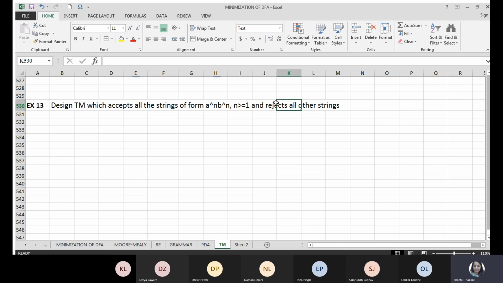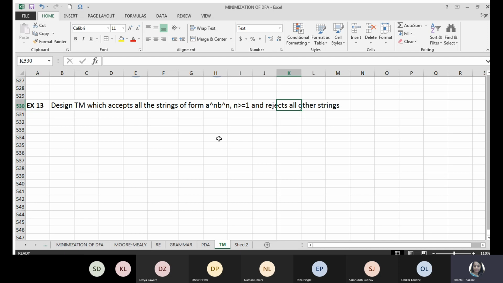Now the second part of this sum says that it is rejecting all other strings. So what this means? It means that the invalid strings are not ending in halt state when you start from the Q0. They are stuck in a non-accepting state. So that will mean rejects all other strings.